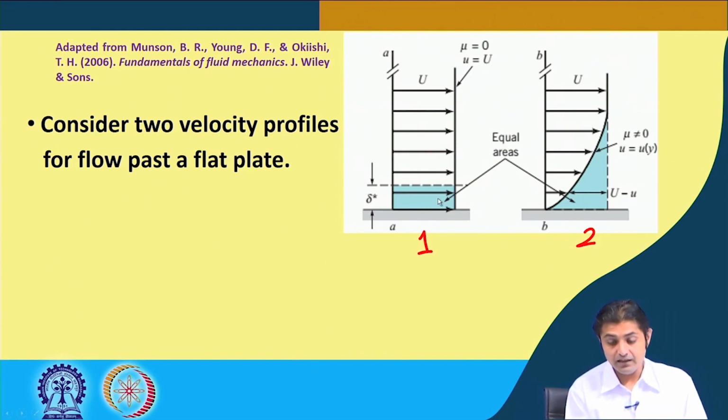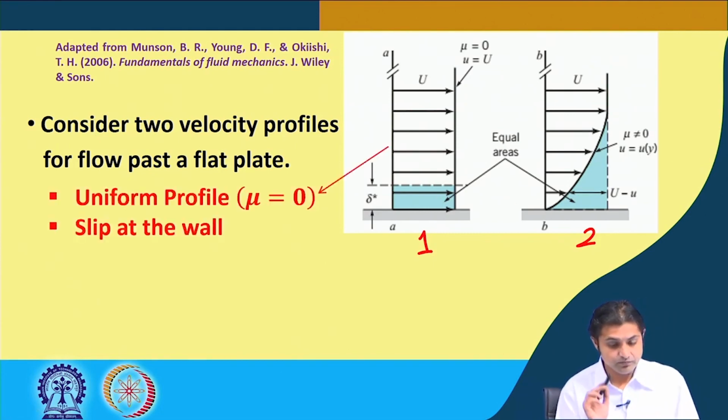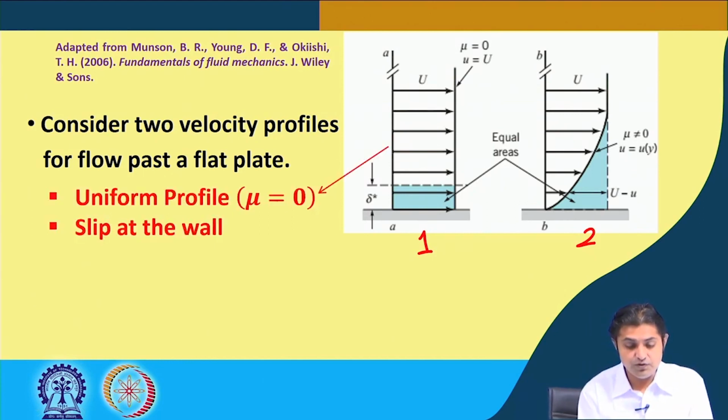I will explain these terms as they come. So this is a uniform profile, where mu is 0, so there is no viscosity, and there is going to be slip at the wall. Here there will be no slip condition.